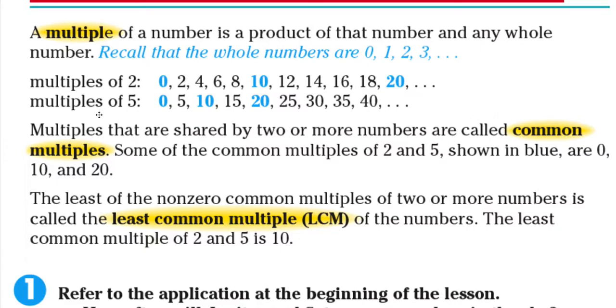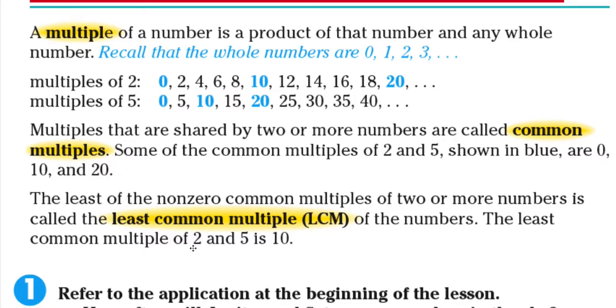Now, multiples that are shared by 2 or more numbers are called common multiples. In this case, some common multiples of 2 and 5 are 0, 10, and 20, shown in blue. The least of the non-zero common multiples of two numbers is called the least common multiple of the numbers, or the LCM.